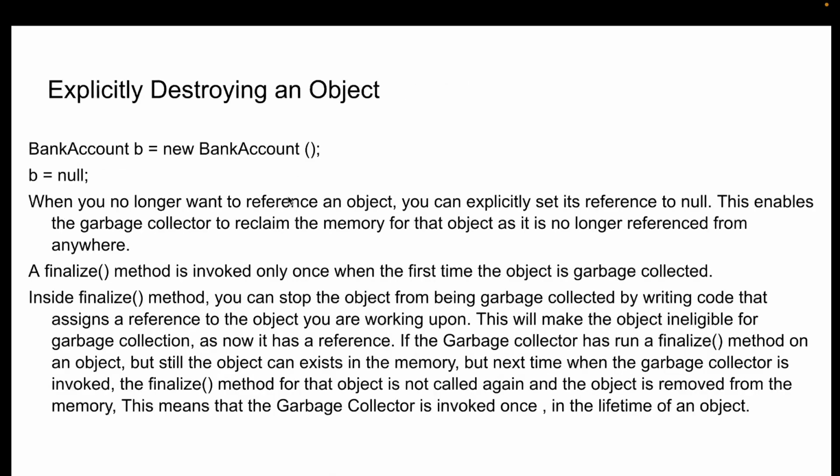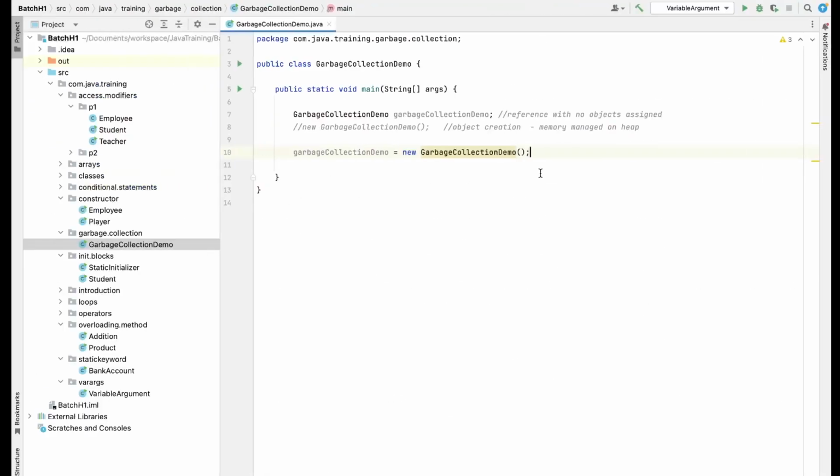Also, when we talk about garbage collection, there is one more thing. Suppose you feel that Java internally is running its algorithm, but you want to destroy an object. So what can you do?